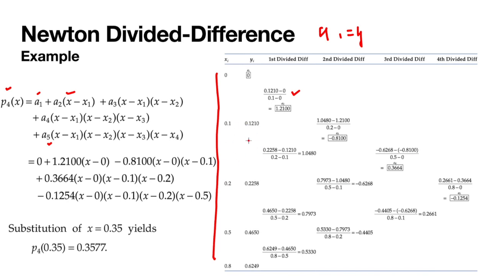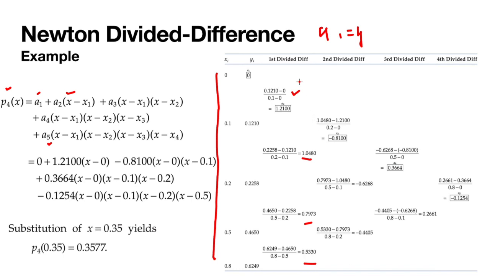This method is just the same, the y values minus the y values over the x values. And similarly, this 0.4650 minus 0.2258 divided by 0.5, and this value 0.6249 minus 0.460 divided by 0.8 minus 0.5. So we get these values.